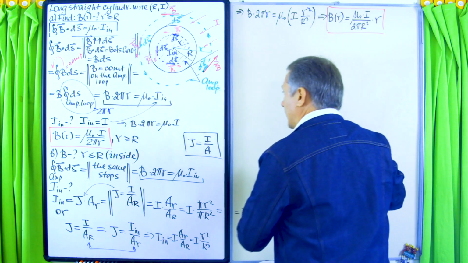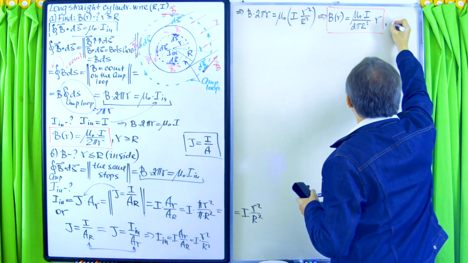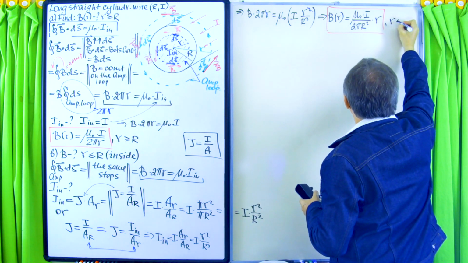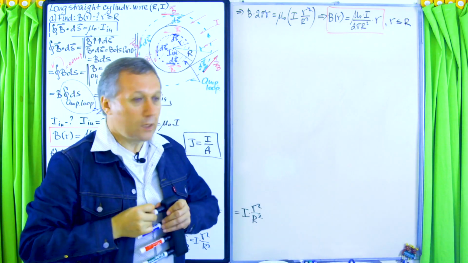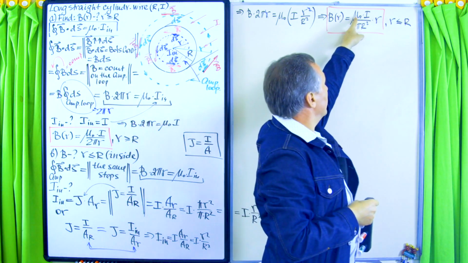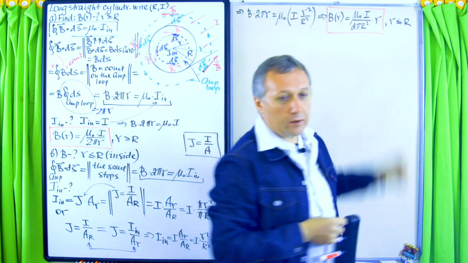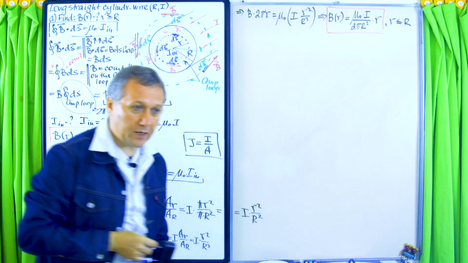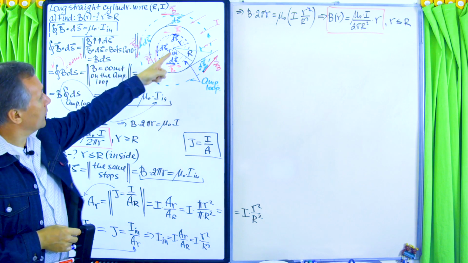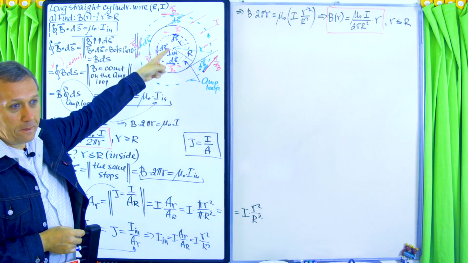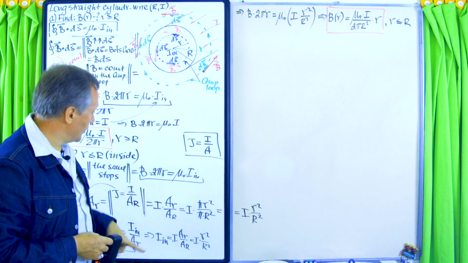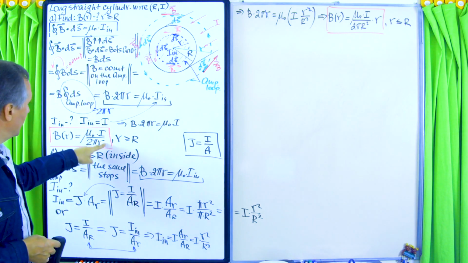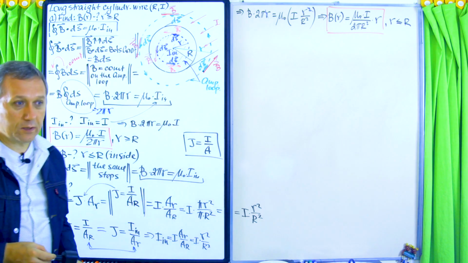And of course, I need to add that this is correct only when r is smaller than or equal to capital R. So these are given constants, and it's a function of r small. So within the wire, the magnetic field grows linearly, but outside of the wire, the magnetic field decays as 1 over r.